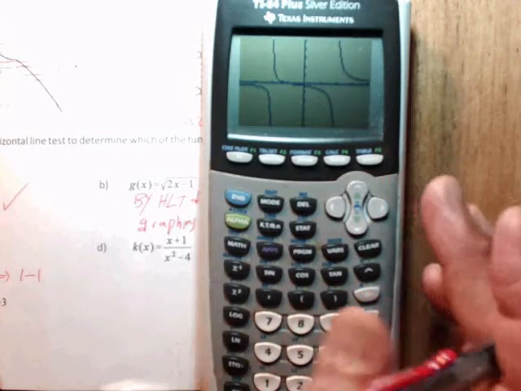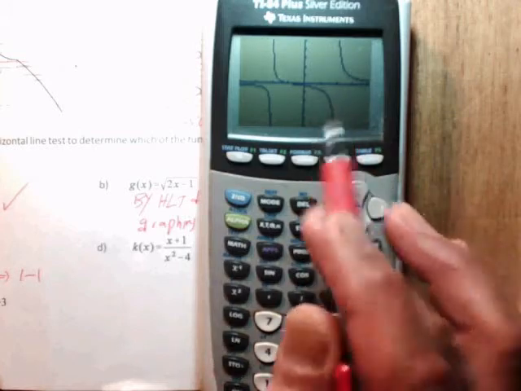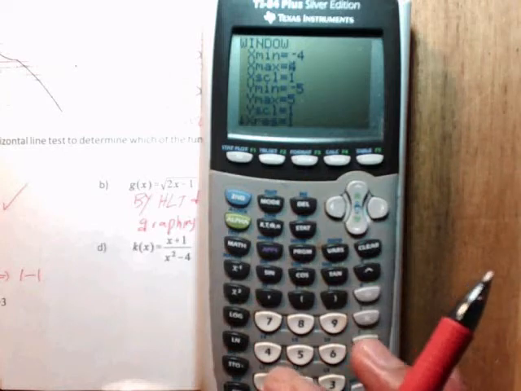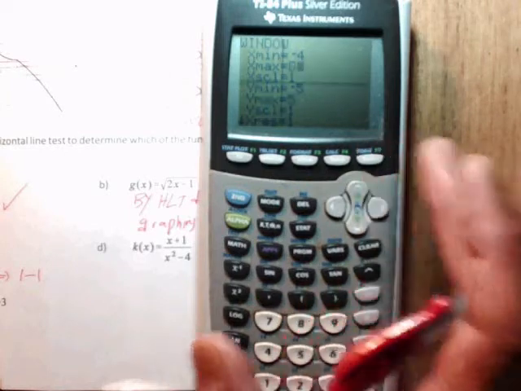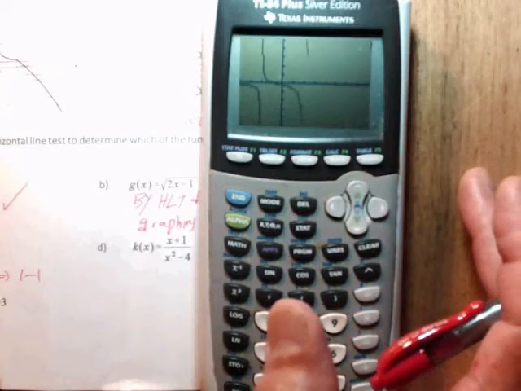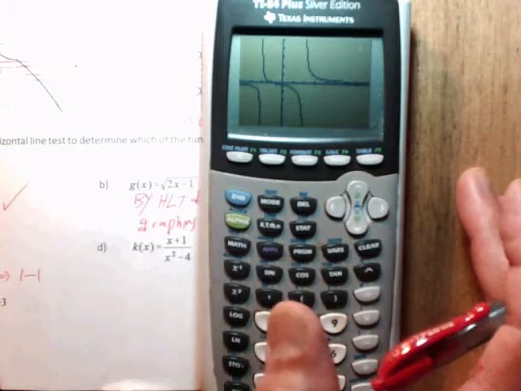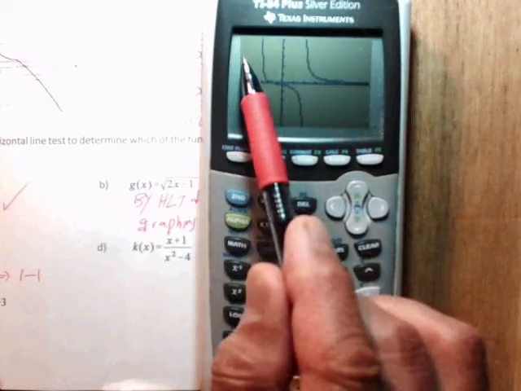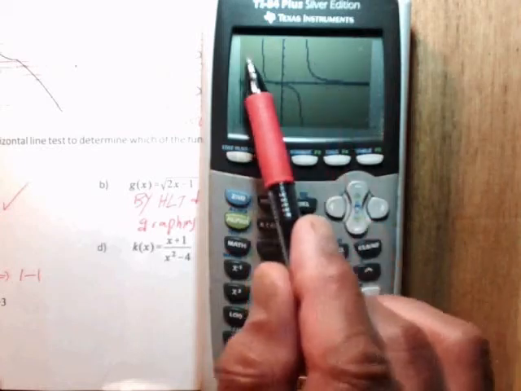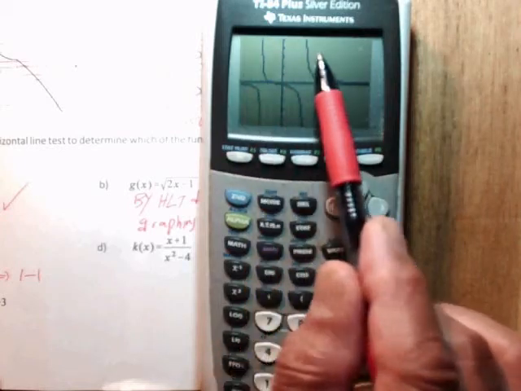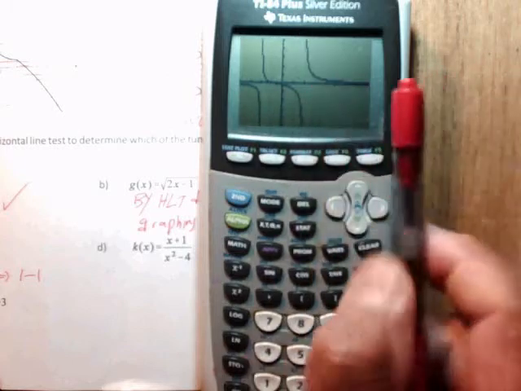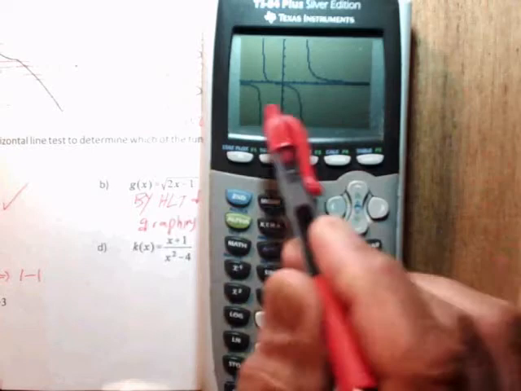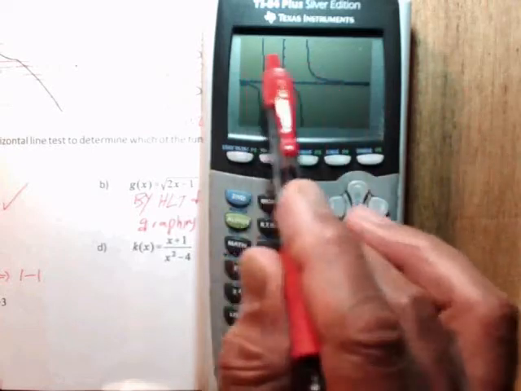Okay, well, maybe I should extend my x value a little bit more instead of 4, let's say 8. Okay, you see, if I draw a horizontal line right there, we could cut the graph at more than 2 points. Down here, if I draw a horizontal line, I get 2 intersection points.